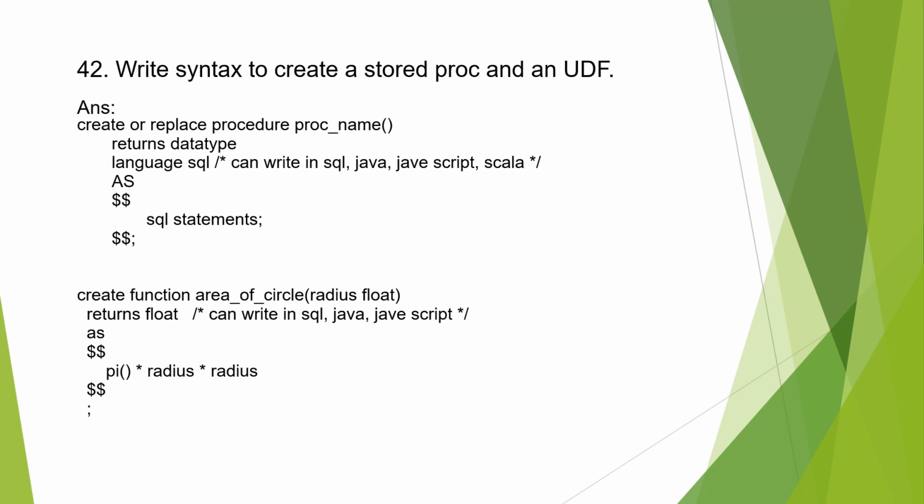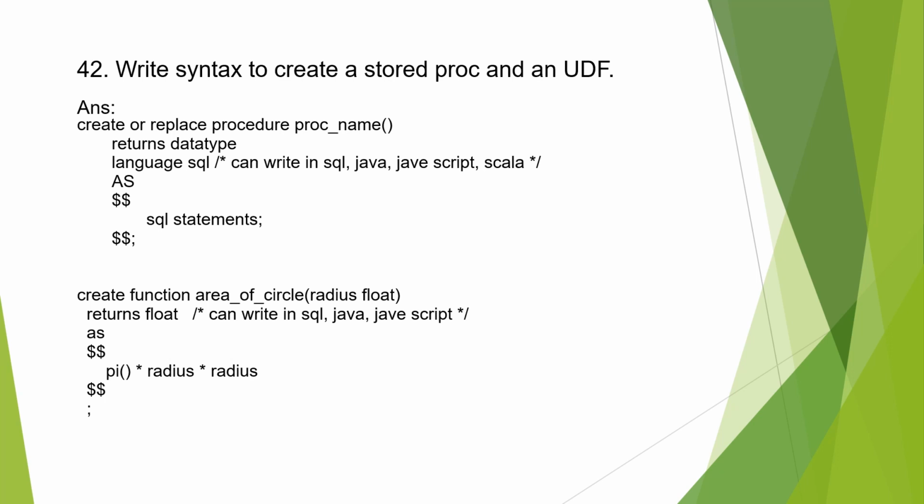So this is the syntax for creating a stored procedure: create or replace procedure, name, and we can pass any number of arguments to this stored procedure, and we must mention a return data type. So what is the type we are returning here? And this is very good: in Snowflake we can write stored procedures in any language like SQL, Java, JavaScript, Scala, Python.